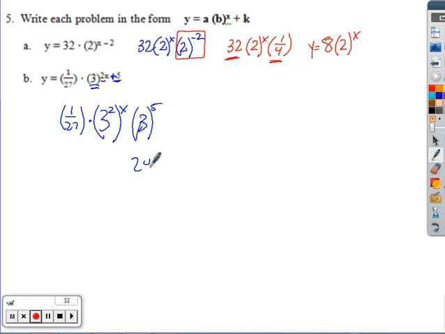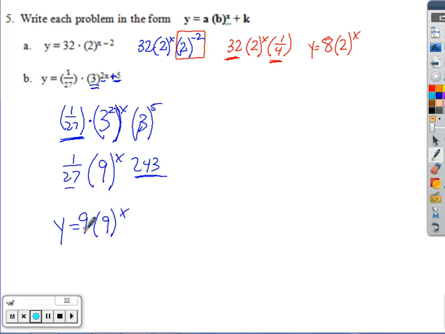That's 243. 243 doesn't have an exponent, which means it can combine with the 1/27th. The 3 to the 2x, I actually grouped differently because I know what 3 squared is. 3 squared is 9. I'm allowed to do that. And then 1/27th and 243 makes 9. So 9 times 9 to the x ends up being my simplified version, which does look simpler than this big, long original problem.